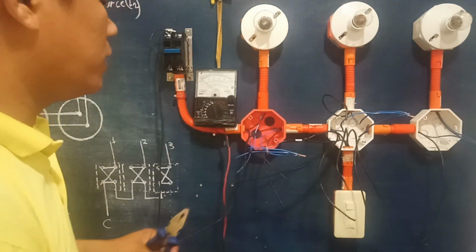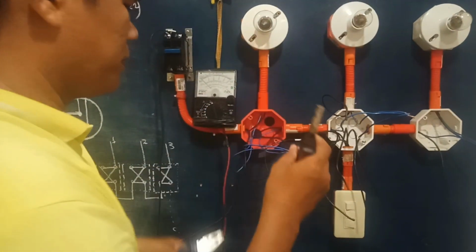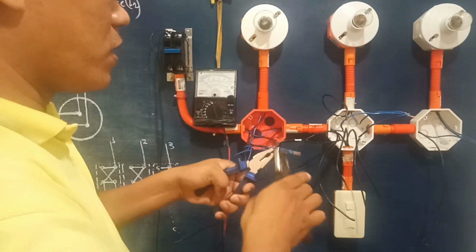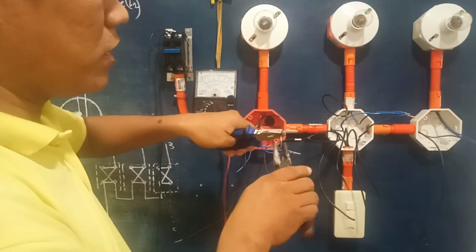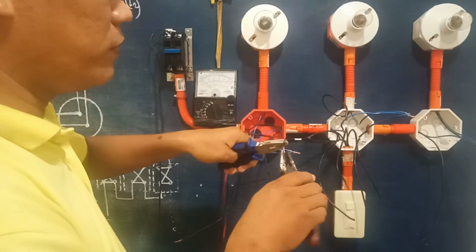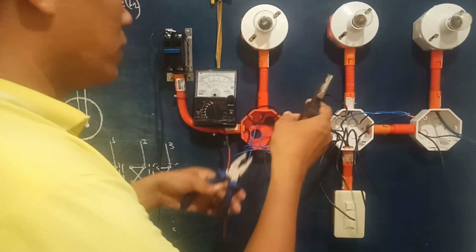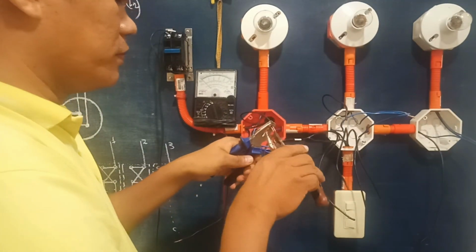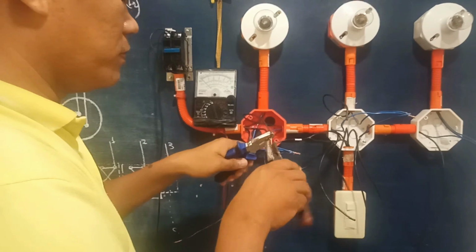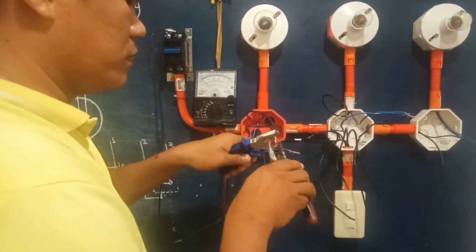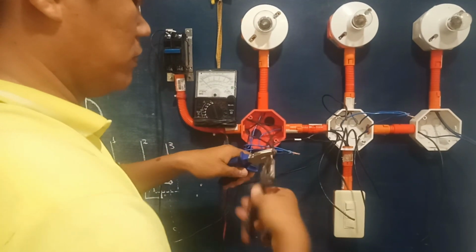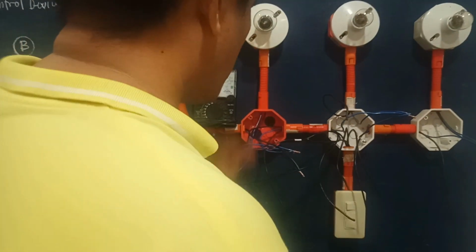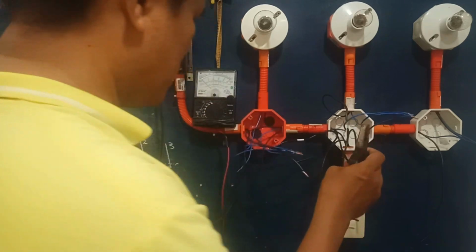Alright? Then the other side here, we will use this wire. The same process, right? Twist again until it is removed, then that's the time that you are going to connect. So bulb A going to the first wire, one. Okay, so gonna use this wire again. This one.